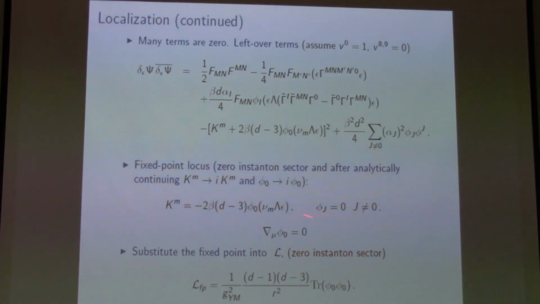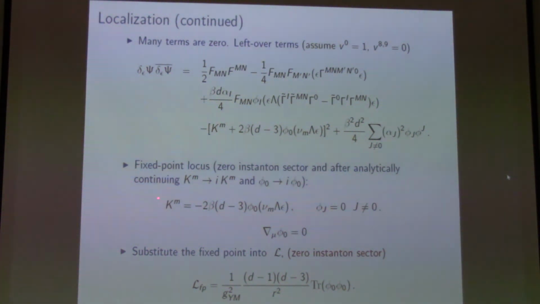So a common theme of localization is that you get an off-shell configuration. Now there are actually kinetic terms for this phi naught sitting inside this F squared term, and so for this to be minimized, these phi naughts have to be constant.